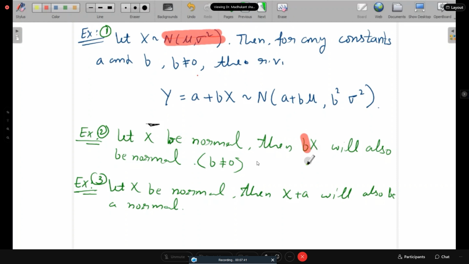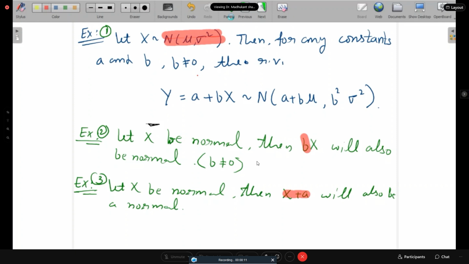And X plus a, if you look at this, is a kind of shifting. So the bell shaped curve is shifting. You are already aware that when you look at the distribution of the normal random variable, it is going to be a bell shaped curve, symmetric about the mean x equals mu.